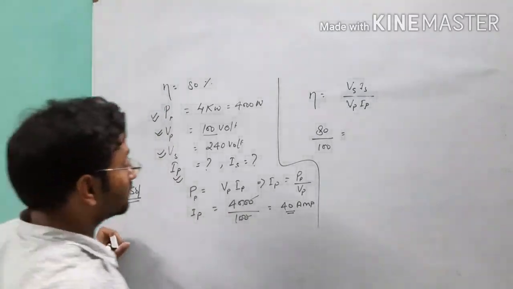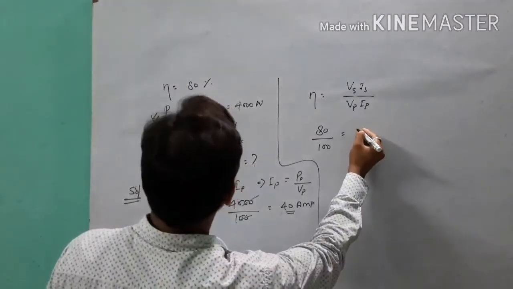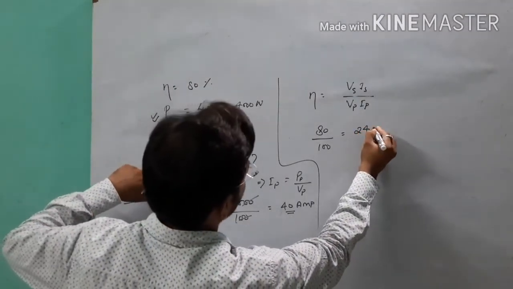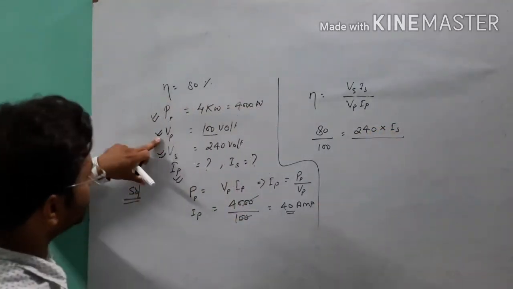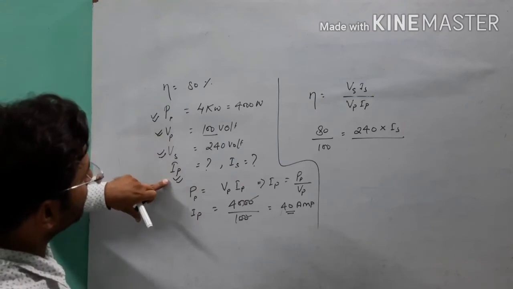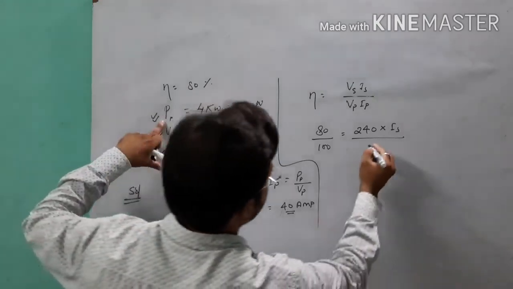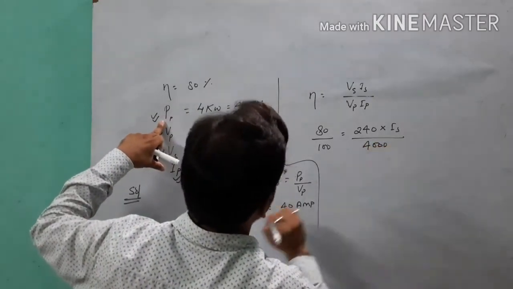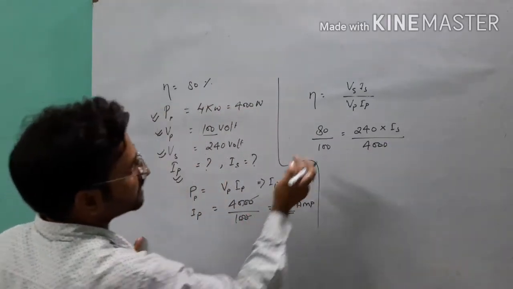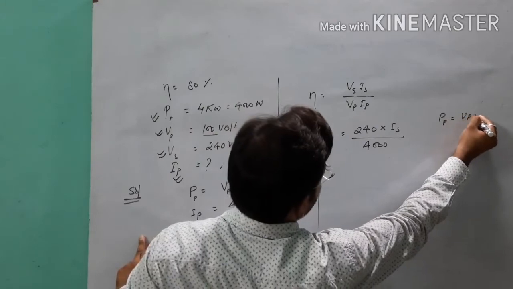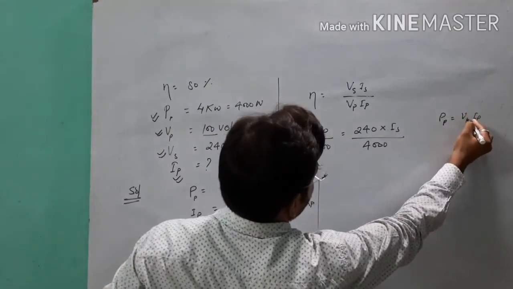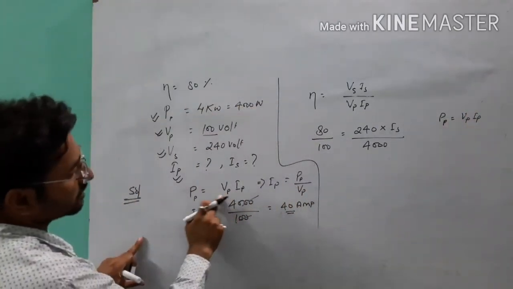So student, see here, in place of Vs I will write 240, Is we don't know, and Vp into Ip means power, which is 4000. You can replace P directly, which is equal to Vp into Ip. I have written everything here.